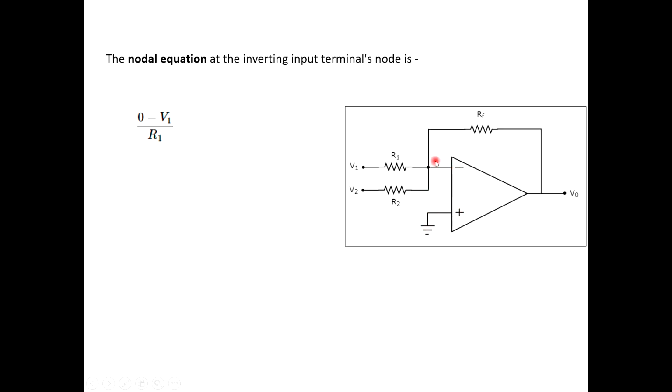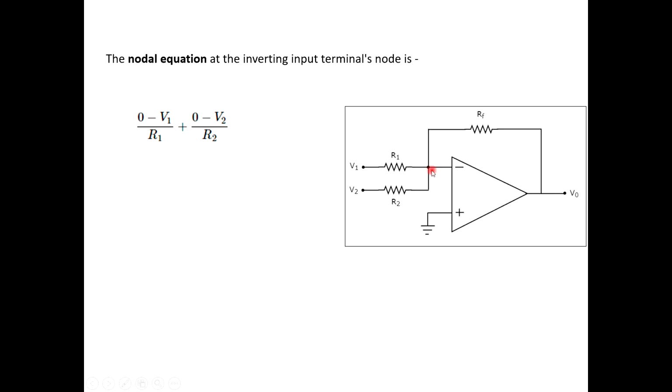So (0 minus V1) divided by R1 will be the current which goes through this resistor, right? Similarly, can you tell me what will be the current through R2? Yes, it would be (0 minus V2) divided by R2. Okay, so that's the second current. Then can you tell me what will be the current through RF?